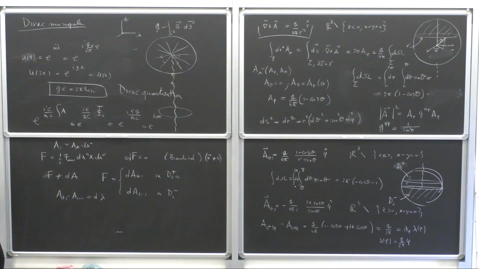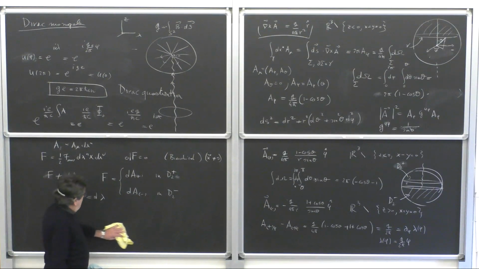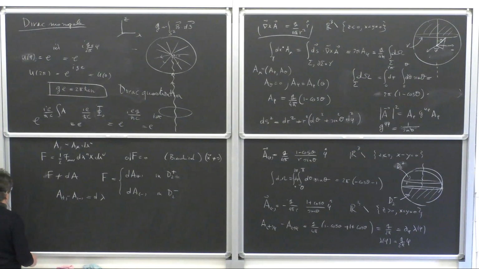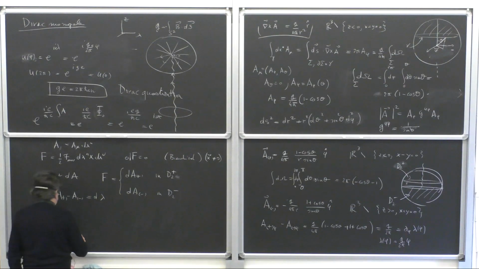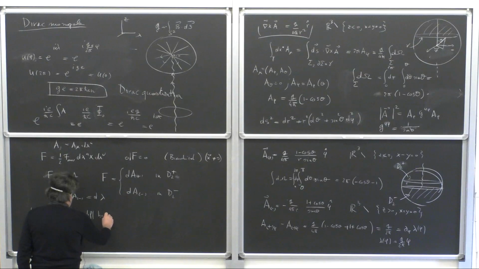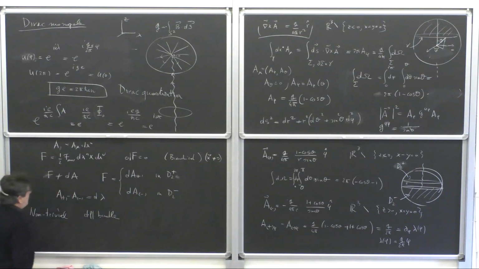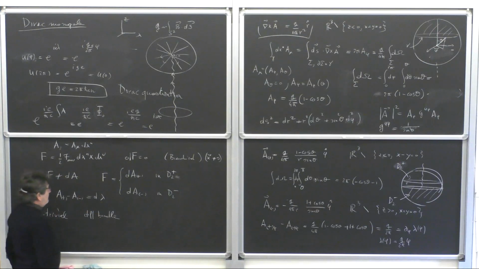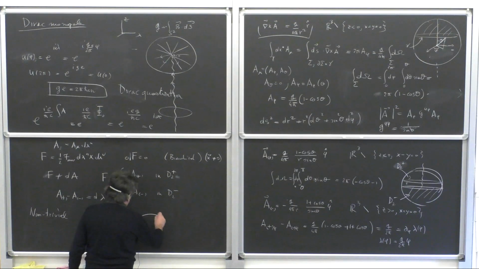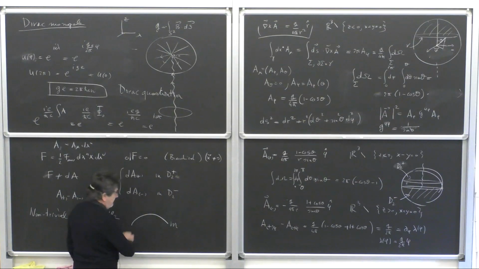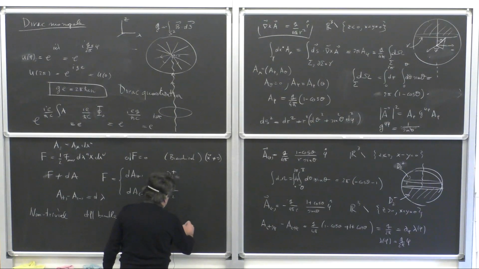So you have a non-trivial differential bundle, because the gauge field has this singularity. So the bundle is given by some manifold M, which is the base space. In this case, this is S2.